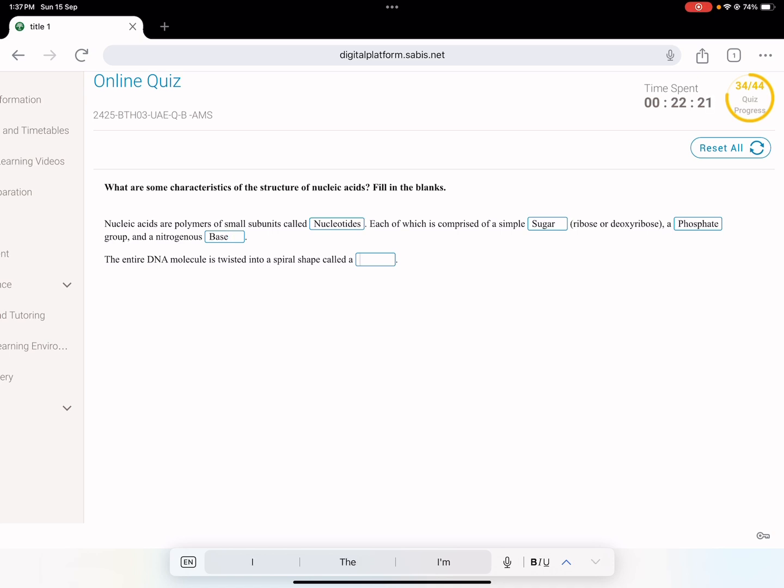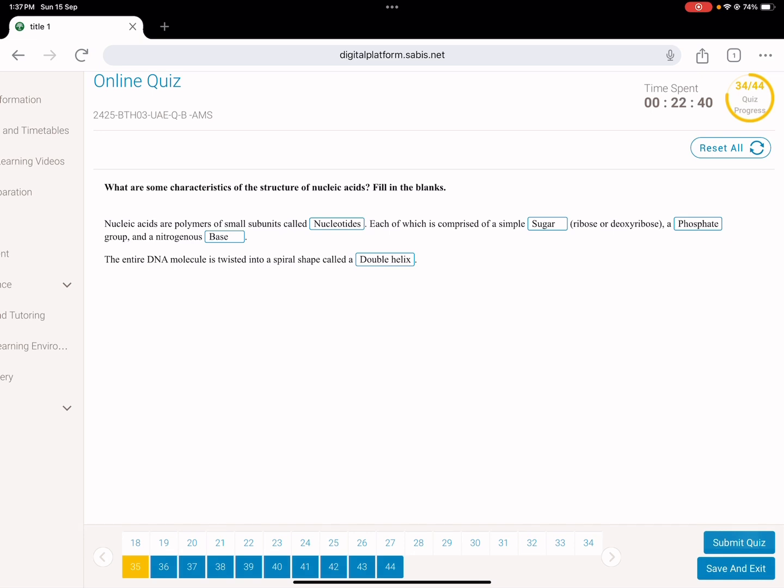Okay? So let's double check. It's going to be a double helix. And remember guys, A pairs with T and G pairs with C in our DNA.